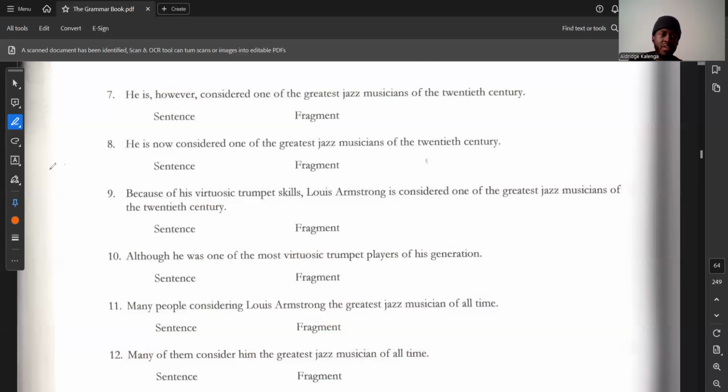And now we move on to number 8: He is now considered one of the greatest jazz musicians of the 20th century.